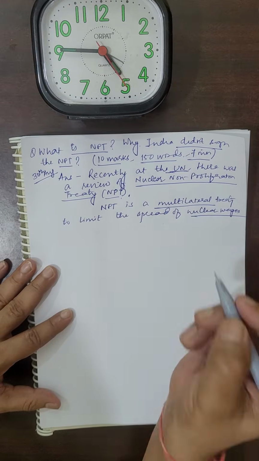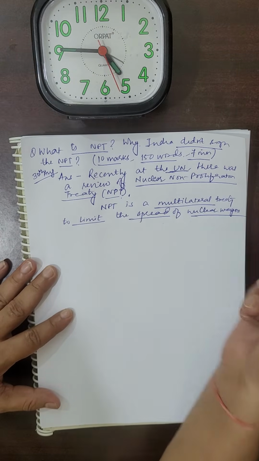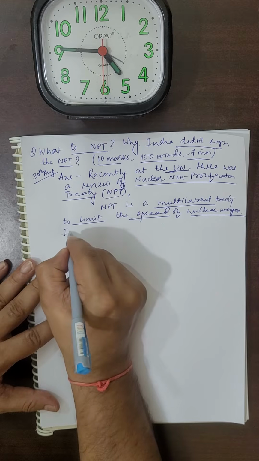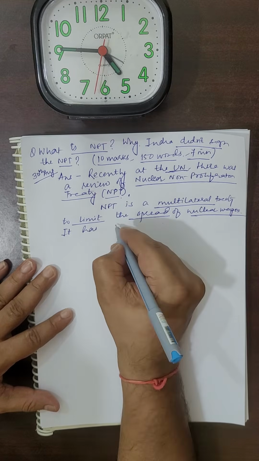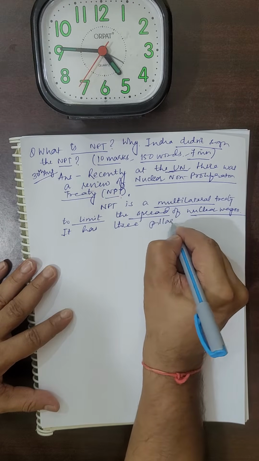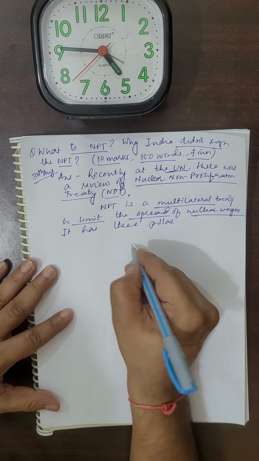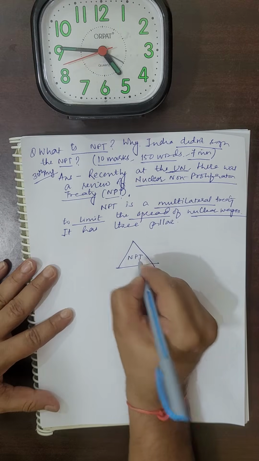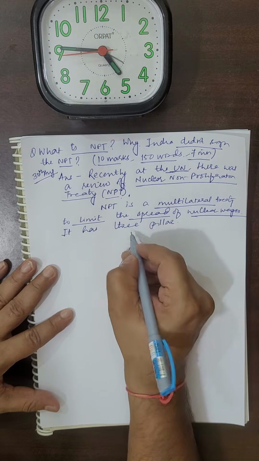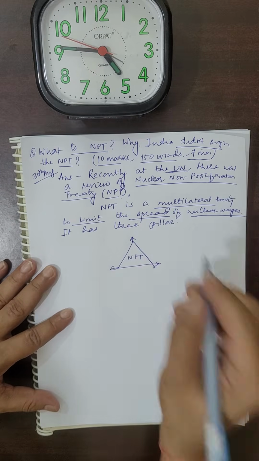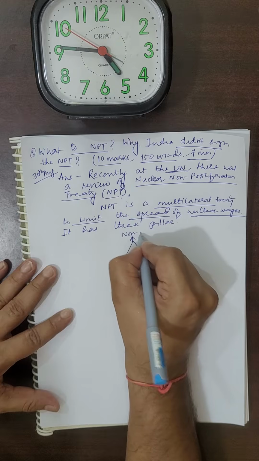So these are the keywords: limit, spread. Just underline the keywords. It has 3 pillars. You can draw the diagram here. NPT, and you can write here non-proliferation.